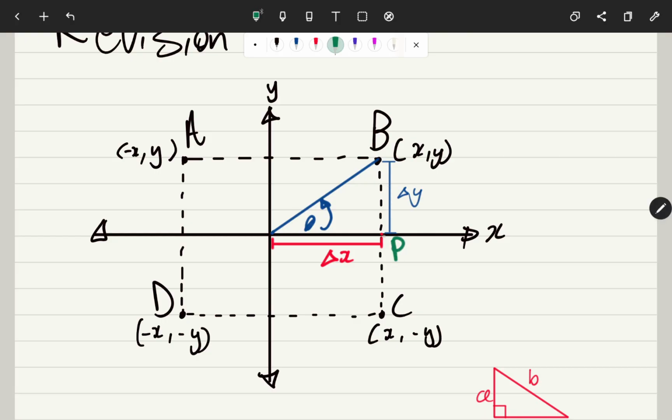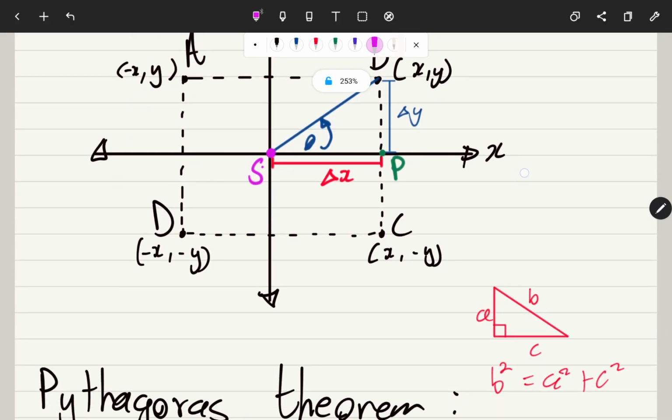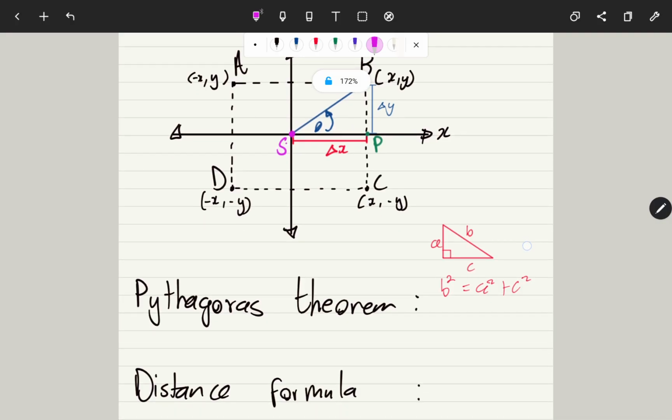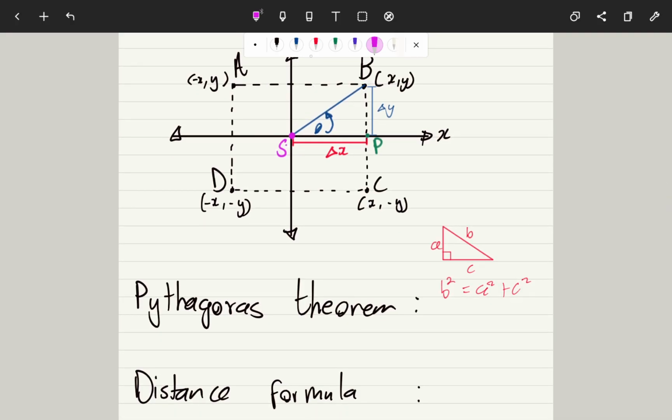Say this is point P, this point right here, and say the origin is point S. In that case, our theorem is just going to go like this: BS squared is equal to SP squared plus BP squared.